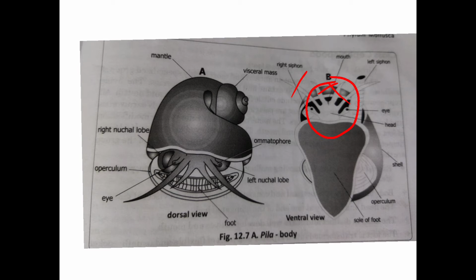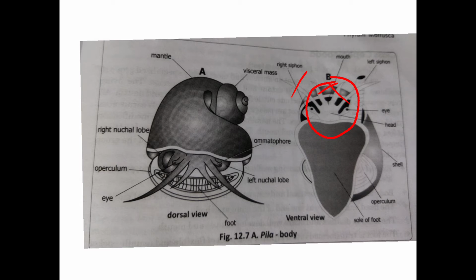The ventral muscular foot usually bears a calcareous plate. The plate-like structure on the muscular foot is called the operculum. The buccal cavity contains the radula. The gut is U-shaped.